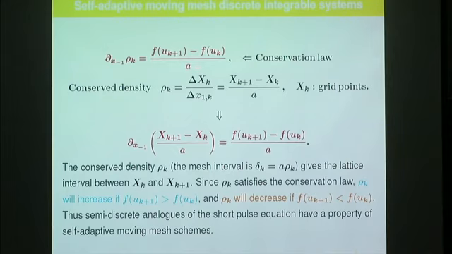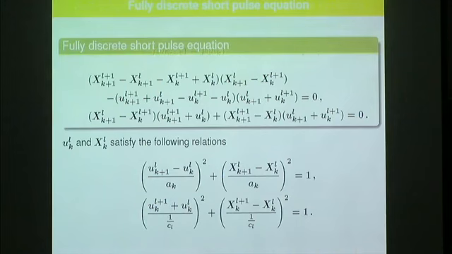This means this conservation law provides sometimes many mesh points, sometimes not many mesh points. So this conservation law actually creates the moving mesh.